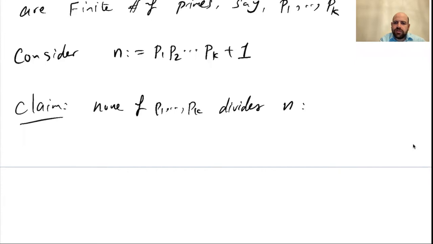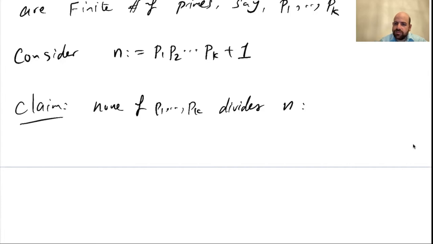So if we can show this, then that means, because remember, I'm assuming that P1 to PK are all my primes. I'm assuming there are finitely many primes and I'm calling them P1 to PK. So according to my assumption, there is no other prime number other than P1 to PK in the world.